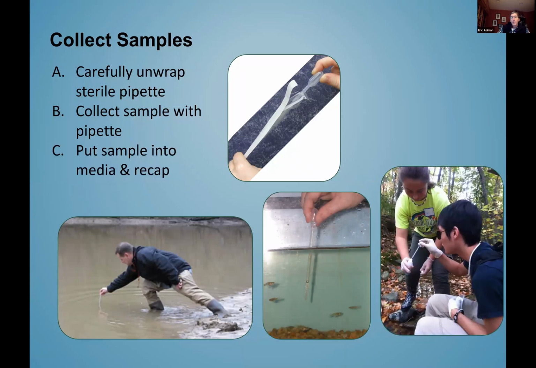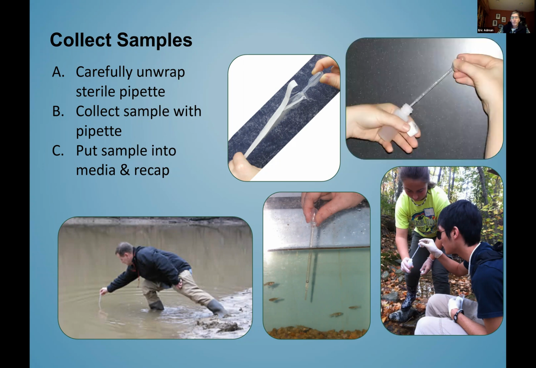Then you're going to put it into the media bottle and cap it, and you can collect either a 1, a 2, a 3, up to a 5 milliliter sample. We'll talk about why you might want to do different size samples in a little bit. And then you bring it back and you plate it.